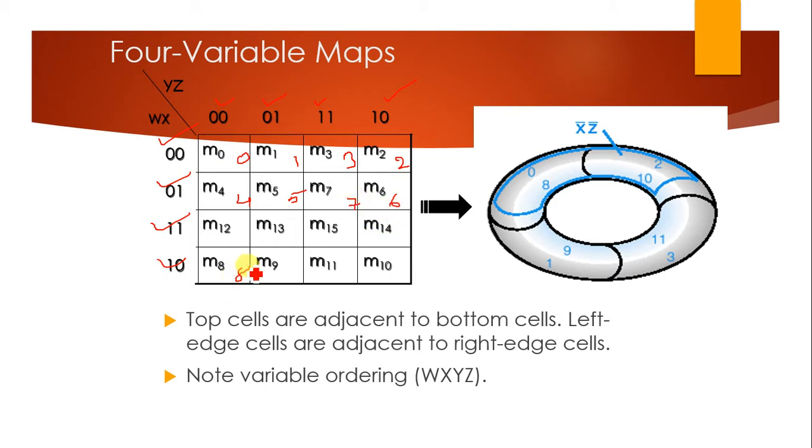Okay, this is 8, 9, 11 and 10, then followed by 12, 13, 15 and 14. So we get 0 to 15, that is 16 in number. This is the first attribute you have to look at, right?